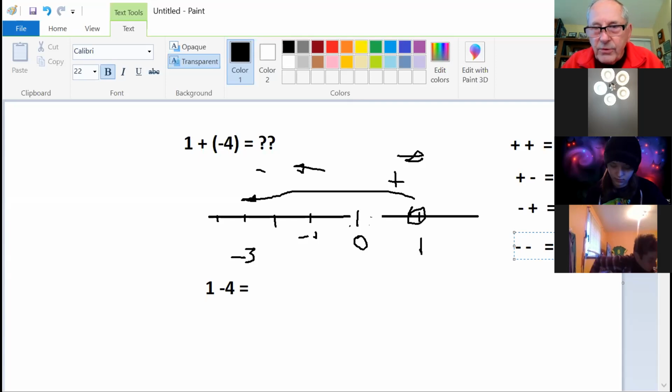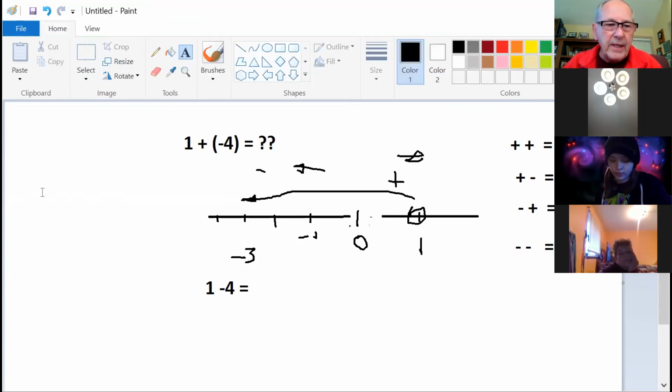Okay. These rules, you have to know these rules. Just memorize them. That's all I can say. There's only 4 different options, and these are all times. Positive times a positive is a positive, positive times a negative is a negative, negative times a positive is a negative, and negative times a negative is a positive. Know all these. So if you look at this here, we've got a 1 plus a positive and a negative, right?